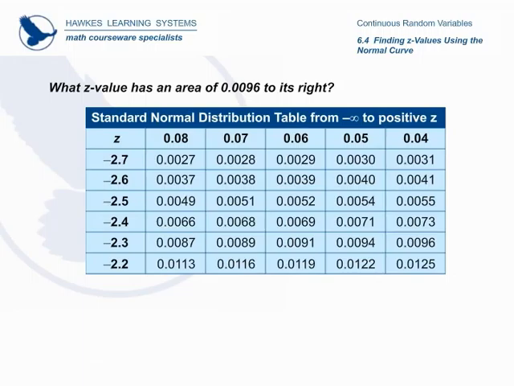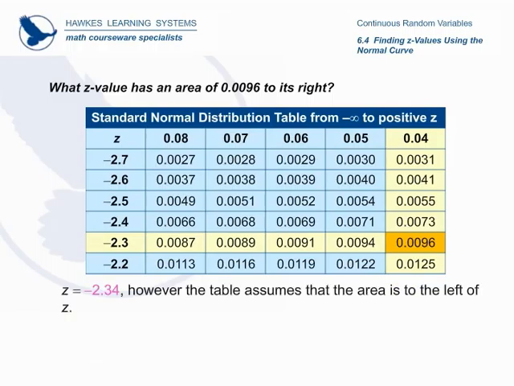Let's continue on using our table with another question. What z-value has an area of 0.0096 to its right? We see that we can capture it at 0.0096. So that indicates that we would have a z-score of negative 2.34.